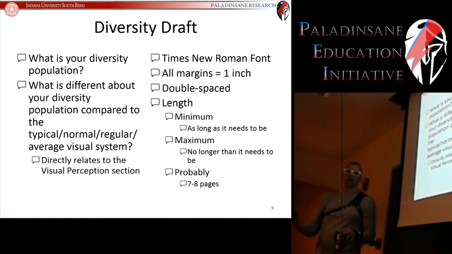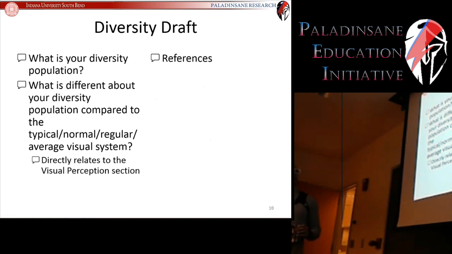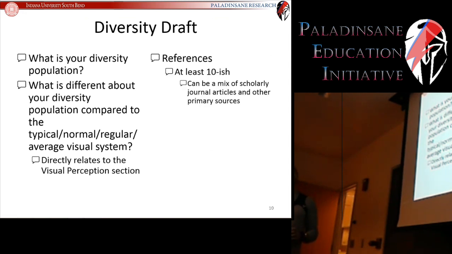Whatever it is, you're probably going to end up with about 7 to 8 pages. And in terms of references, once again, we're looking for at least 10-ish, and you can have that mix of primary journal articles and other primary sources, but you should include some scholarly journal articles, something about, here's a survey of what this population is all about, and that was published in some scholarly journal.